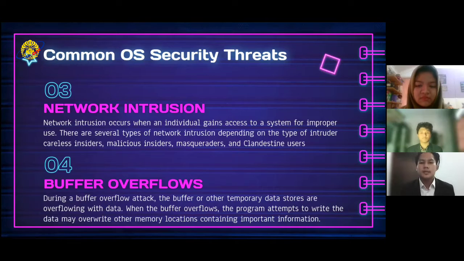And the last one is clandestine users. Fourth is buffer overflows. During a buffer overflow attack, the buffer or other temporary data stores are overflowing with data. When the buffer overflows, the program attempting to write the data may overwrite other memory locations containing important information.